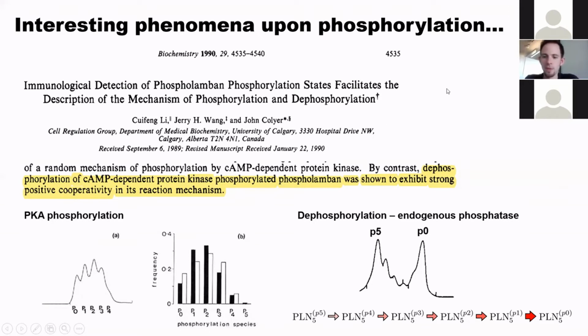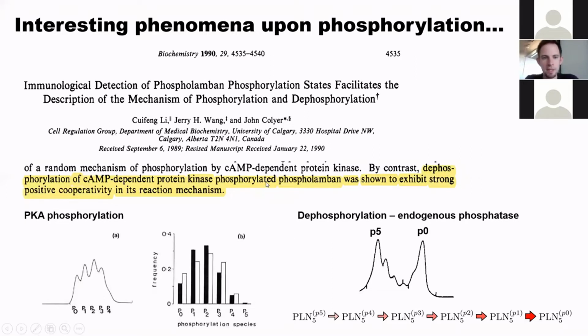In contrast, he found that the dephosphorylation after complete phosphorylation has quite a different pattern. At 50% dephosphorylation, he found that this pattern looks strongly U-shaped. And that indicates that for dephosphorylation, the phosphorylation state of individual subunits within the pentamer does influence the state of other subunits.